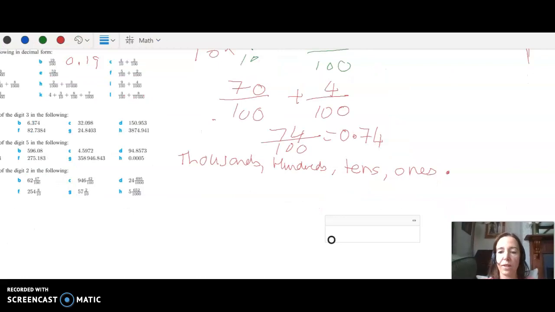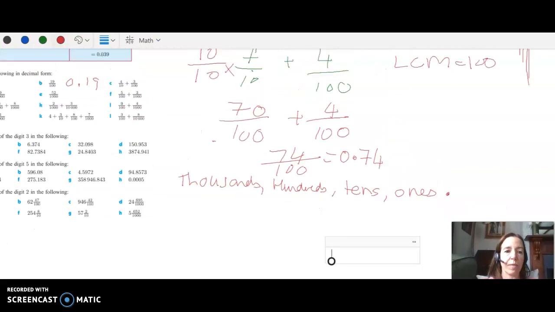And after ones we have tenths, and then we have hundredths, which I'm just going to write up here.